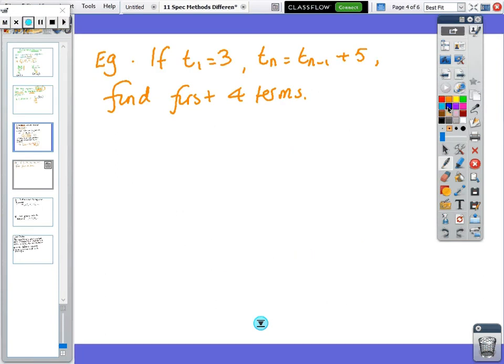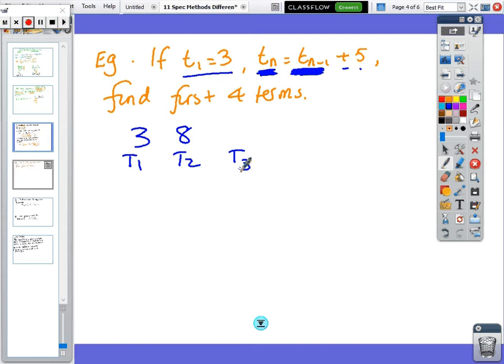Okay, so let's have a look at an example. They tell you that the first term is 3. Okay, so that's T1. And then it says to get the next, so the terms after rely on the previous term. So for instance, T2 says take the T1 term, the previous term, and add 5. So 3 plus 5 is 8.